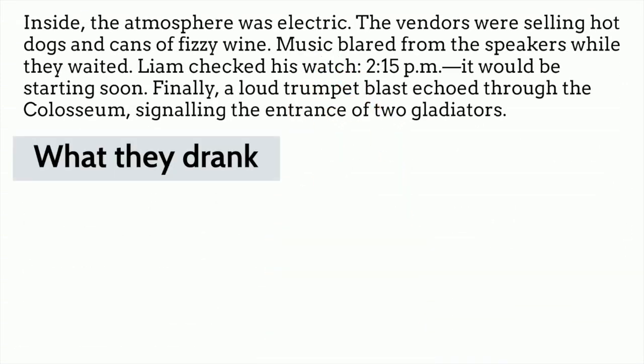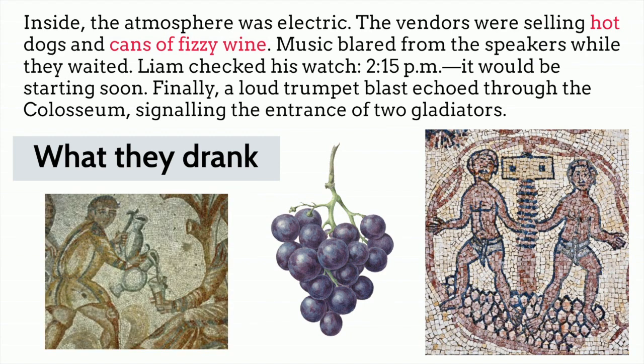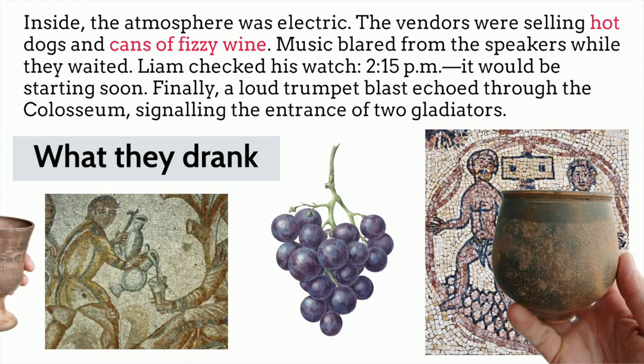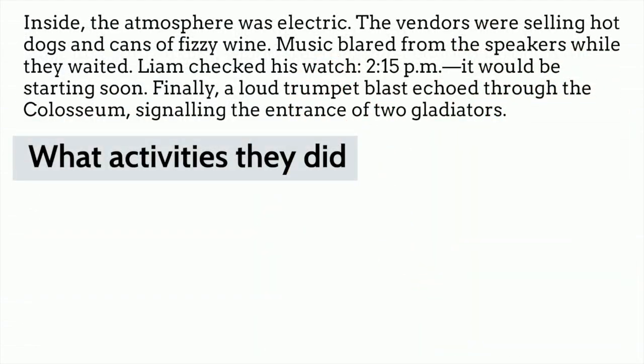What they drank. Spectators at the Colosseum would have drunk wine, but it wouldn't have been fizzy and was typically watered down. It would have been served in clay or wooden cups. What activities they did. Music wouldn't have blared from speakers at the Colosseum, as this was long before the invention of electricity and modern sound systems.